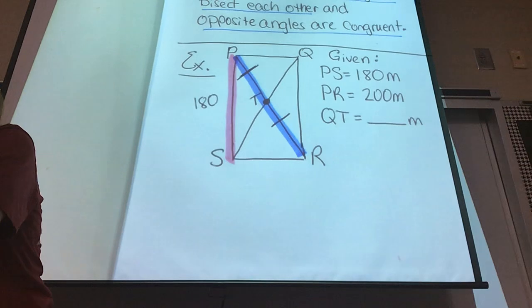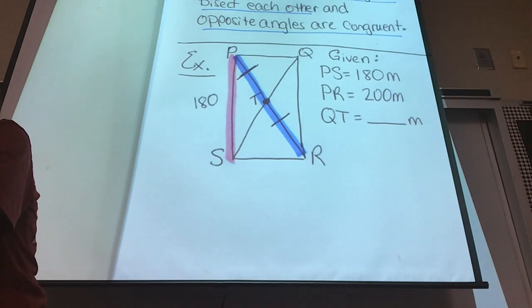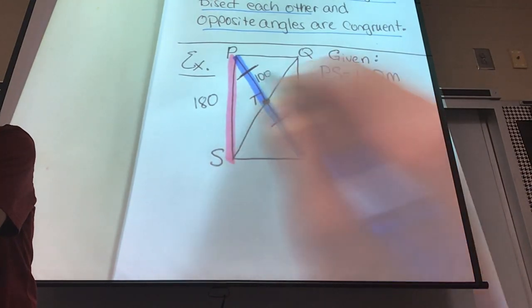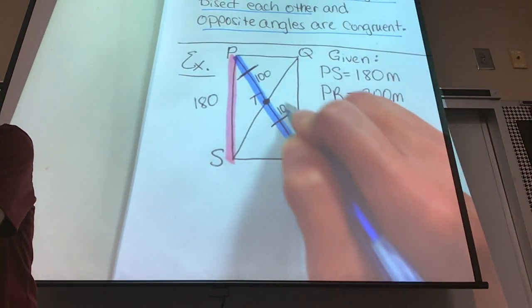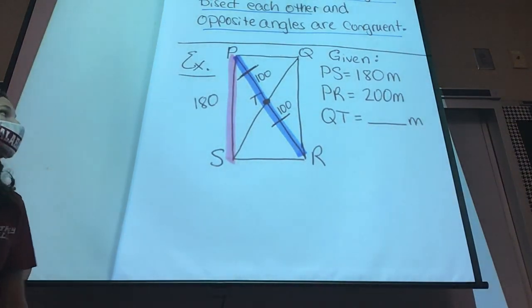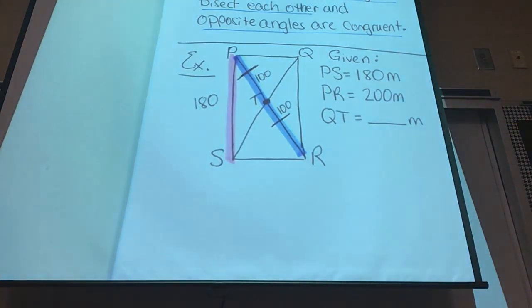So that means they have to be the same. So the only way it could equal 200 is if they are both 100. So this piece would have to be 100 and this piece would have to be 100. So I just went ahead and broke it down. It was easier to put that than to write 200 for the whole line.